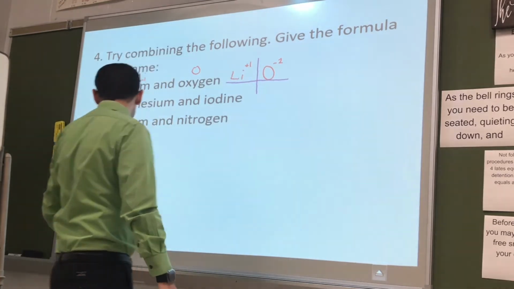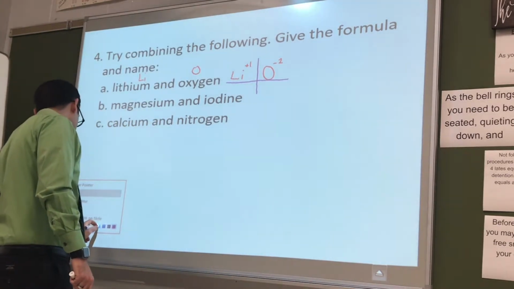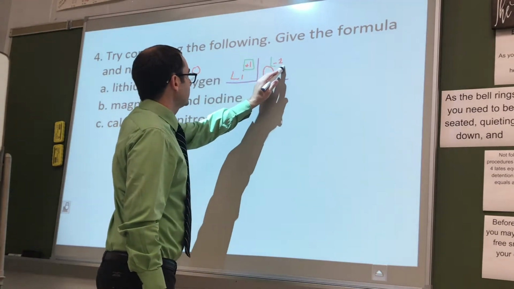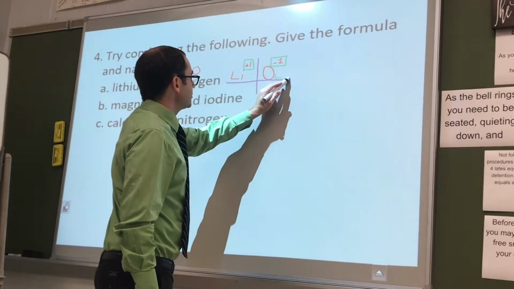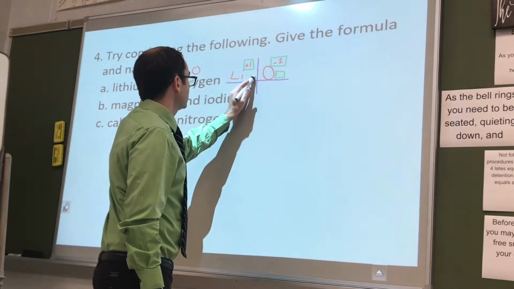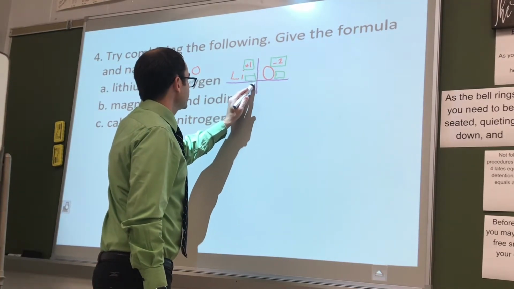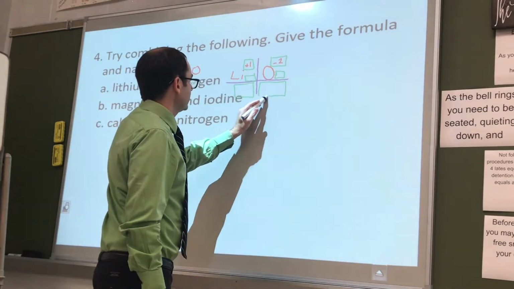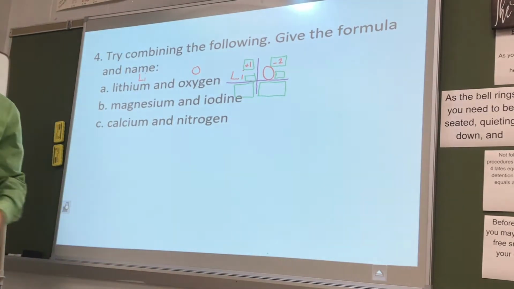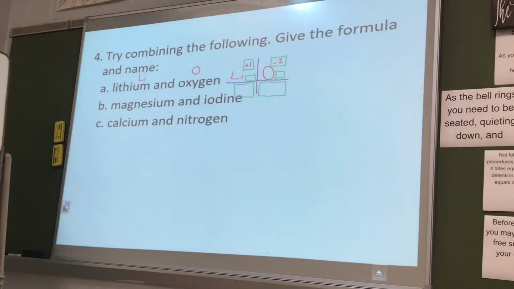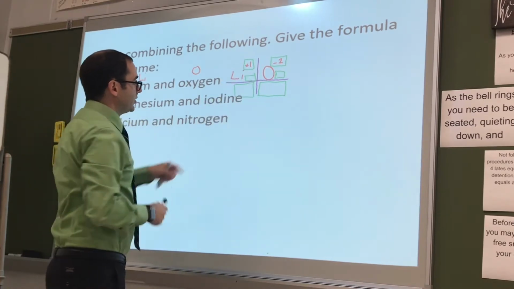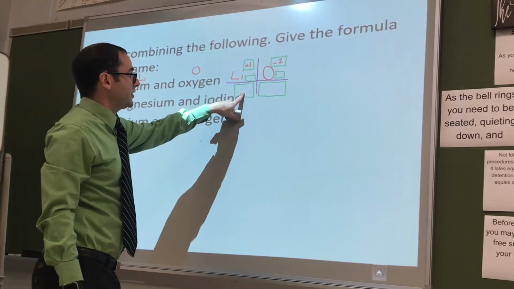And there's a couple things that we have in here, some options. So there's obviously charges for everything. And then there's subscripts for everything. And then there's an overall charge for everything. Now this might seem super complicated, but this is all you can do with everything: you're either going to have multiple elements, you're going to have multiple charges, and then you're going to have a total charge down at the bottom.